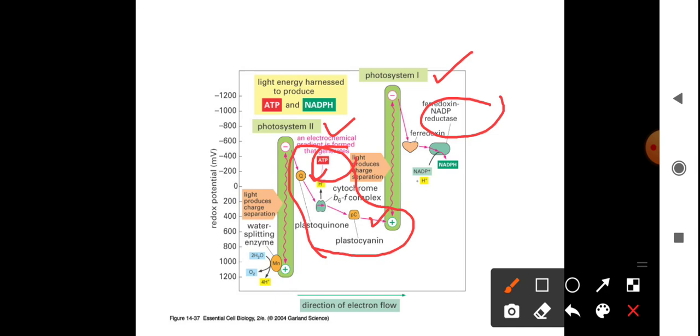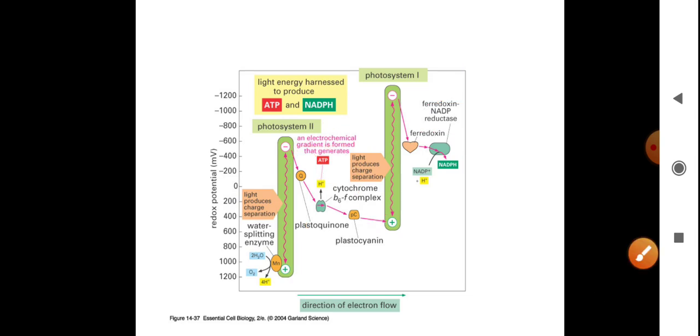In this diagram, it is very easily represented how during light energy ATP and NADPH are formed, but in actual this process is not as simple as shown in this diagram. This is a complex process. Now we will discuss how this complex process of ATP and NADPH synthesis actually takes place.